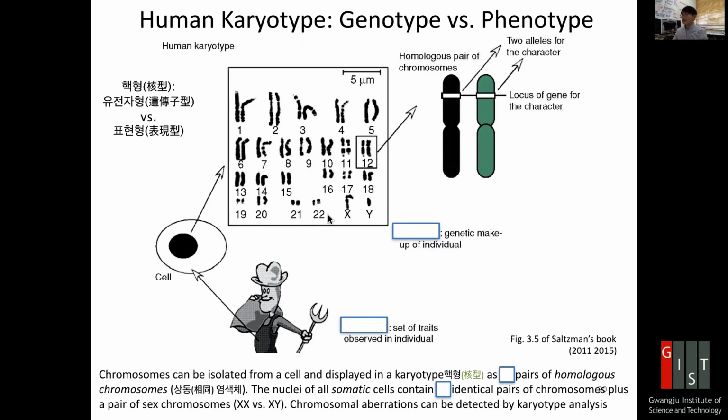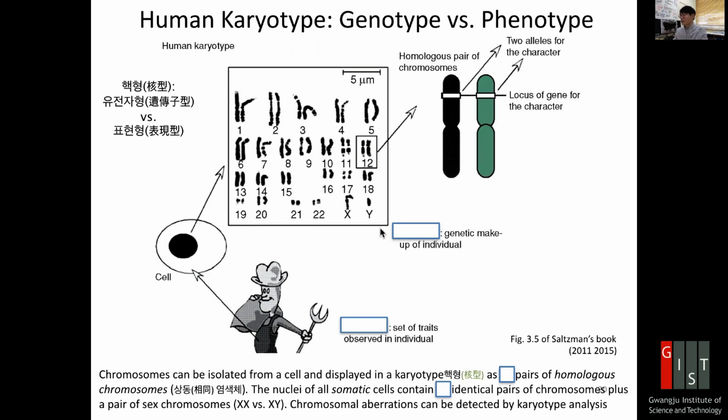So with this, we can start to look at some of the genetic heritable diseases. These chromosomes can be isolated from a cell, and we can display them in a karyotype. It's very simple. You just look at them and then sort them based on length, 1, 2, 3, 4, in shorter order.